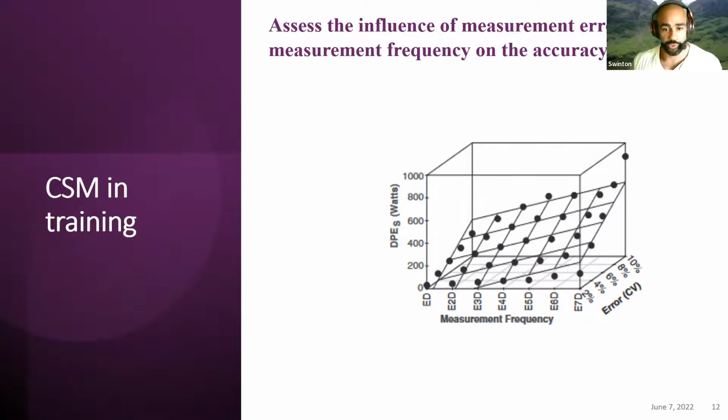So if you don't have good measurement error, for example 4% coefficient of variation, then no matter what experimental research you do in the real world, it won't work because you're below the threshold required to obtain reasonable data.